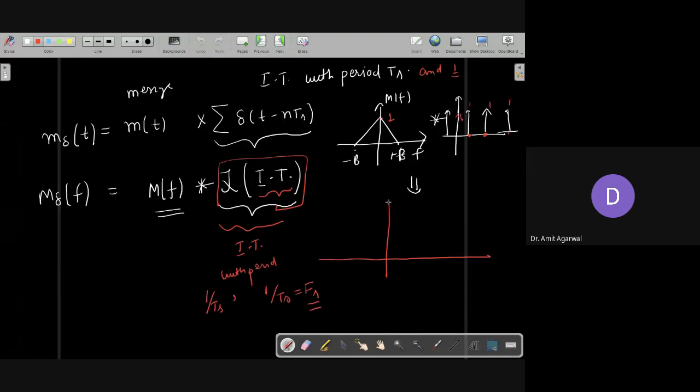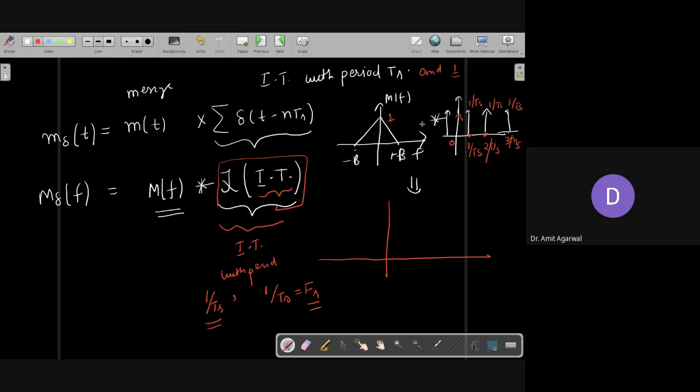Because your impulse train has locations at 1 by Ts, 2 by Ts, and the strengths are 1 by Ts. This new impulse train, whose strength is 1 by Ts and the location is 1 by Ts. ठीक है? So 0, 1 by Ts, 2 by Ts, 3 by Ts. So now you have to convolve it.